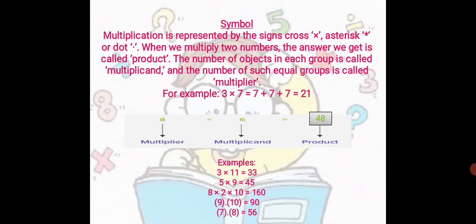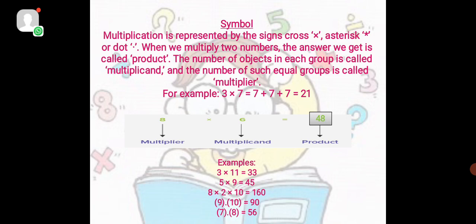Now, I will discuss with you the symbols which we normally use to denote multiplication. Multiplication is represented by the sign of cross or asterisk or through a dot. So, three symbols are there to represent the multiplication operation.